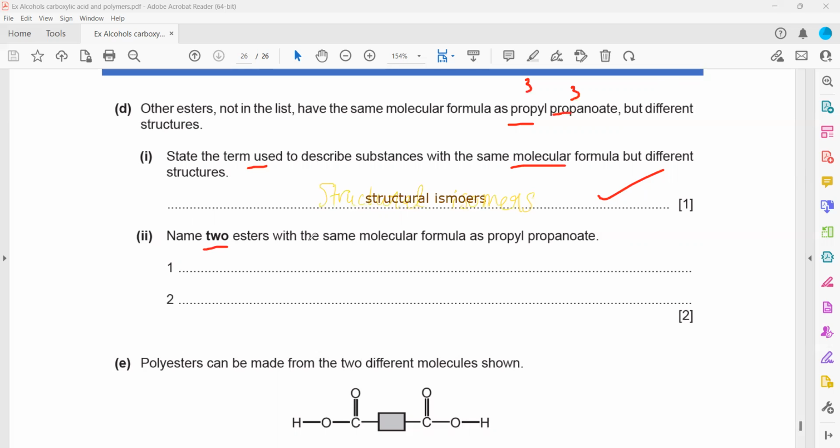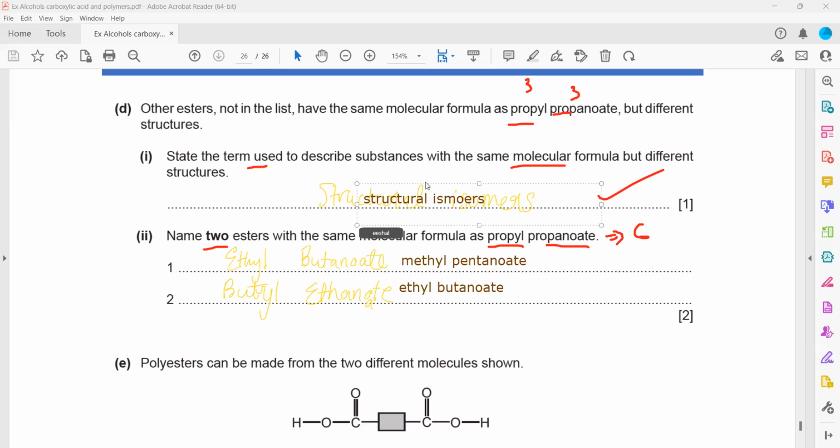State the names of 2 esters which have the same molecular formula as propyl propanoate. Methyl pentanoate and ethyl butanoate. That's the one which should have a total of 6.